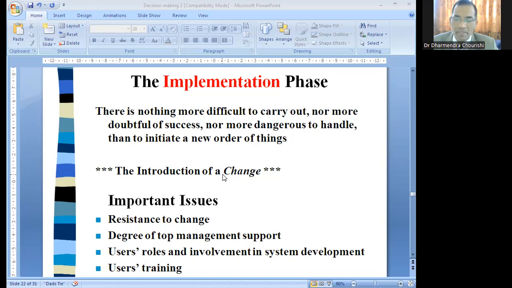Degree of top management support is always important. Top management should be supportive, so it should be considered, and there should be a sense that everyone should accept and follow the decision given to them. Users' role and involvement in the system development: we always invite suggestions and participation from the top management as well as the lower management, because participation provides them confidence.